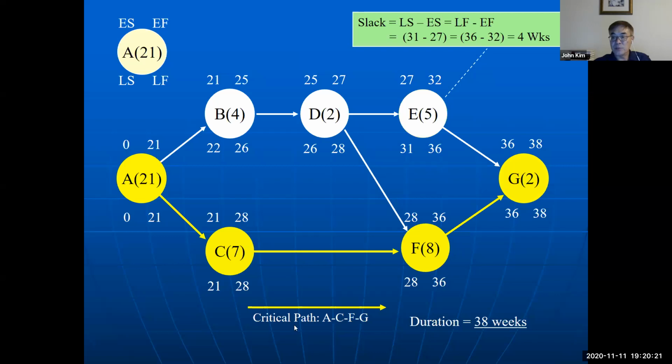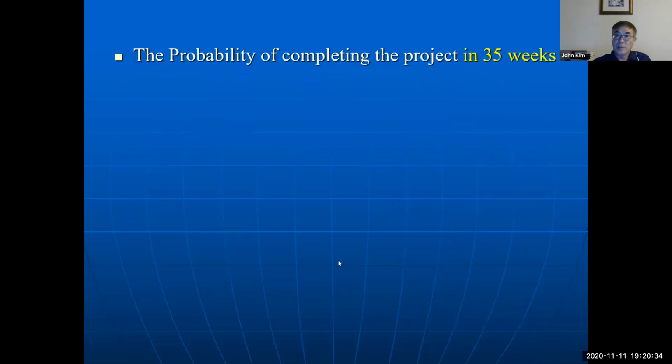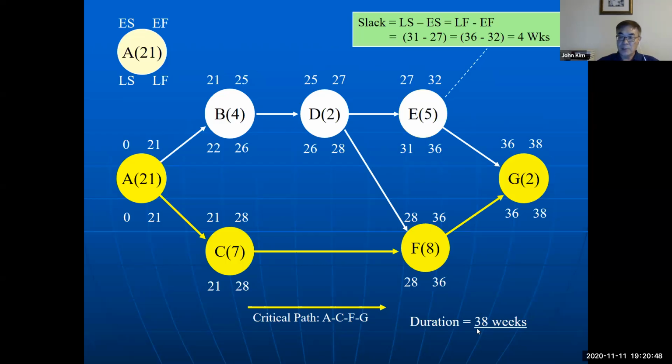And for this example, ACFG is the critical path, and the expected project time is 38. Then we can get the probability of finishing the project in a certain day. You know, this one is kind of average time.